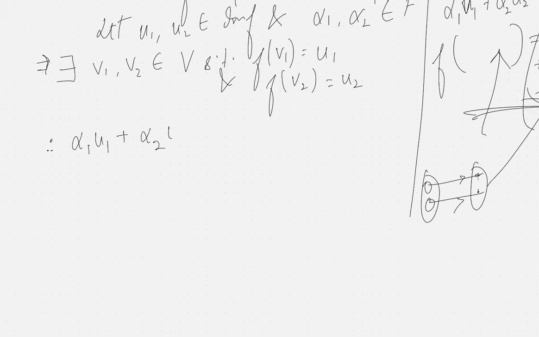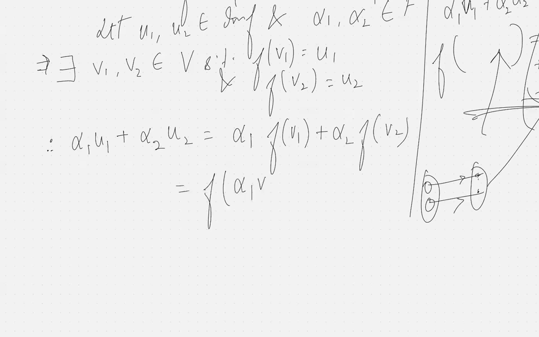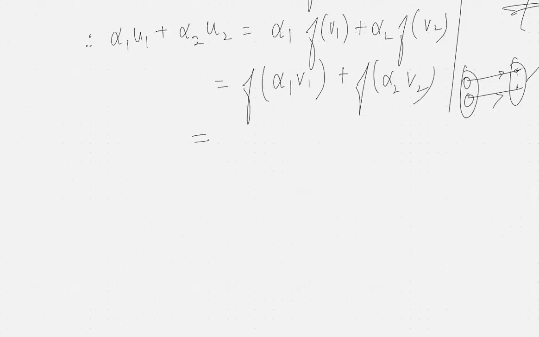So this can be written as alpha 1 times f of V1 plus alpha 2 times f of V2. Alpha 1 and alpha 2 can go inside. It's a linear transformation, we have done that. Scalar inside or outside doesn't matter. So f of alpha 1 V1 plus f of alpha 2 V2. Again, linear transformation, we can combine it. This will be equal to f of alpha 1 V1 plus alpha 2 V2.